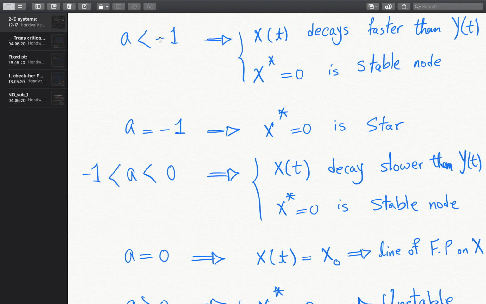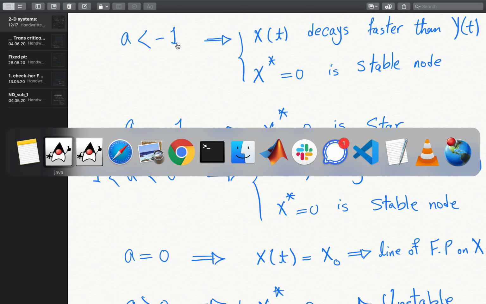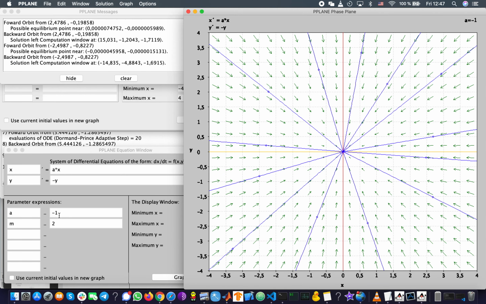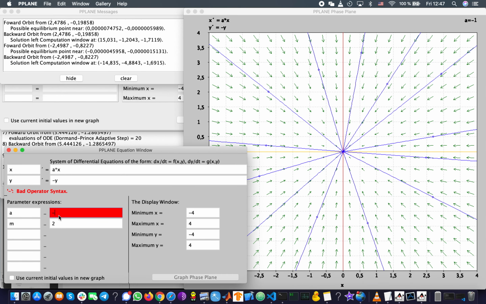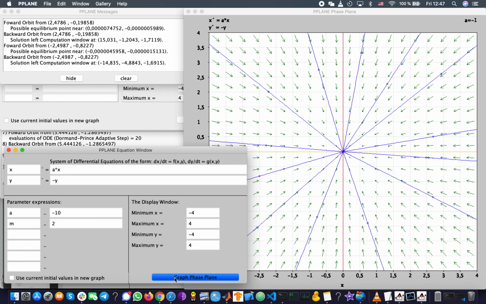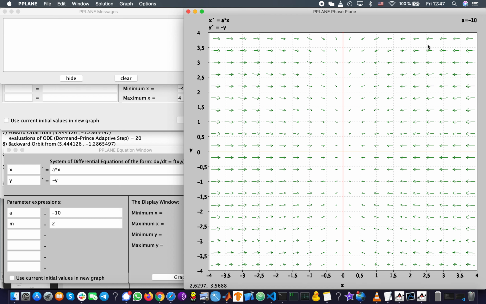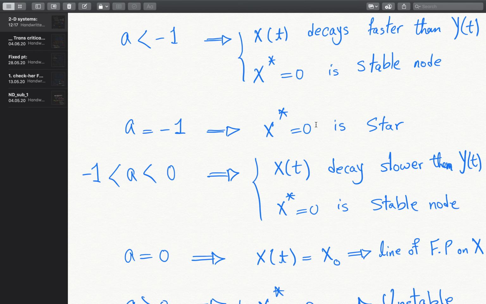So if a is less than -1, for instance -2 or -10, then I have this system, right? X decays faster than y. What does it mean in the phase plane?